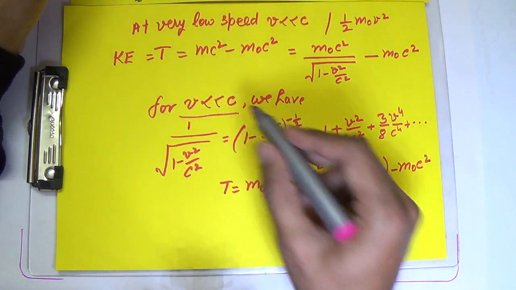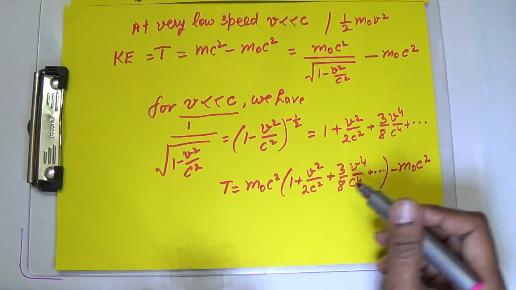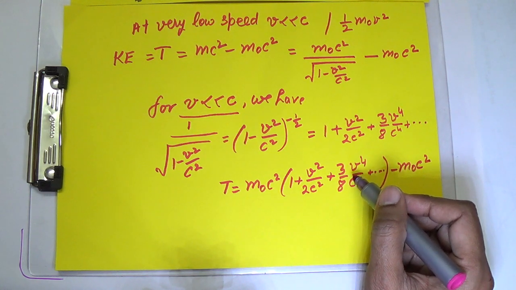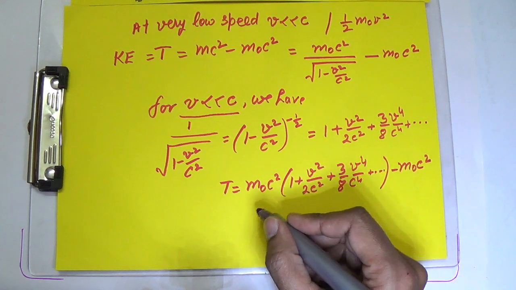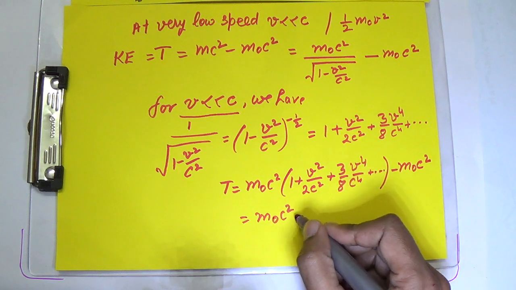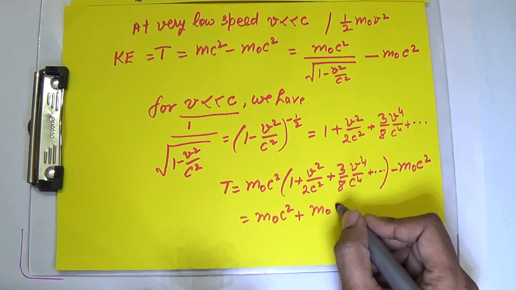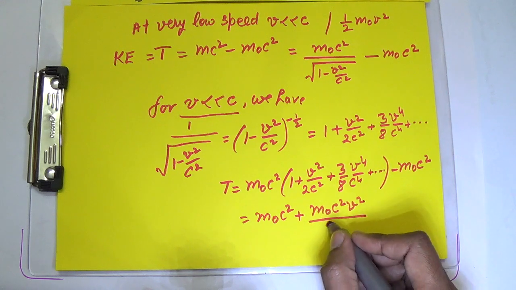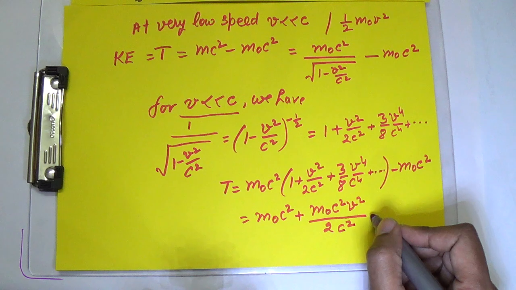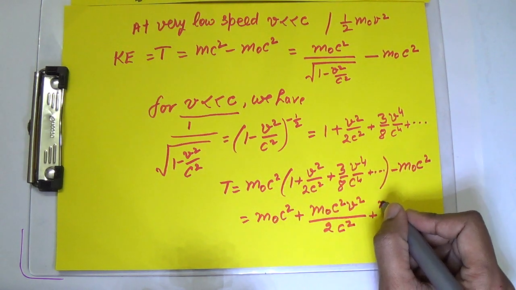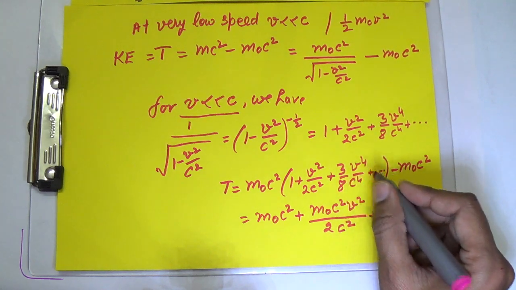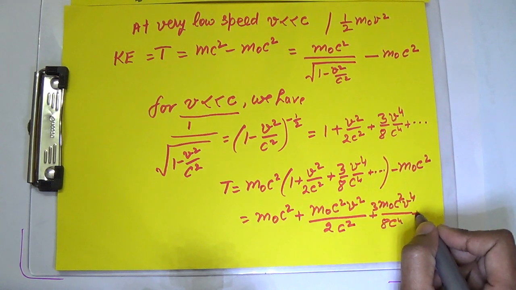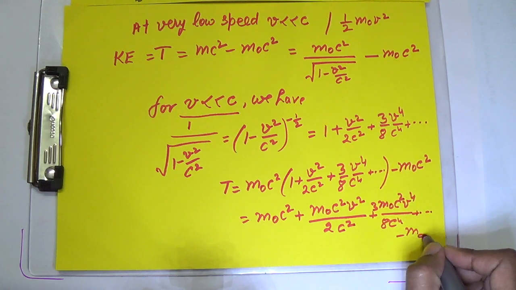We know that here our condition is v is very small as compared to c, then the higher-order terms are negligible and we can write only m naught c square plus m naught c square v square upon 2 c square plus m naught c square 3 v to the fourth upon 8 c to the fourth and so on, minus m naught c square.